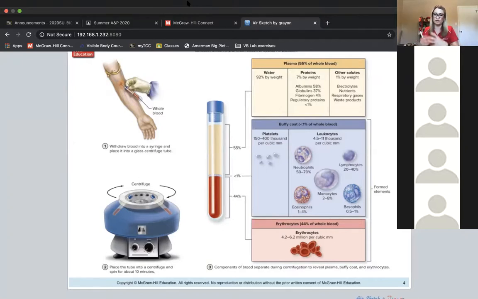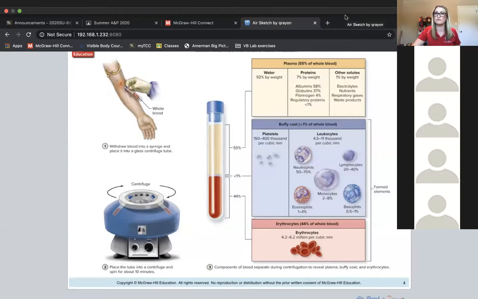The other component of plasma would be proteins. And when we look at the group of proteins that we see here, we see that the most abundant proteins are albumins. Okay, these are your most abundant proteins. Albumins are small transport proteins. Globulins are also transport proteins, but they're large transport proteins.